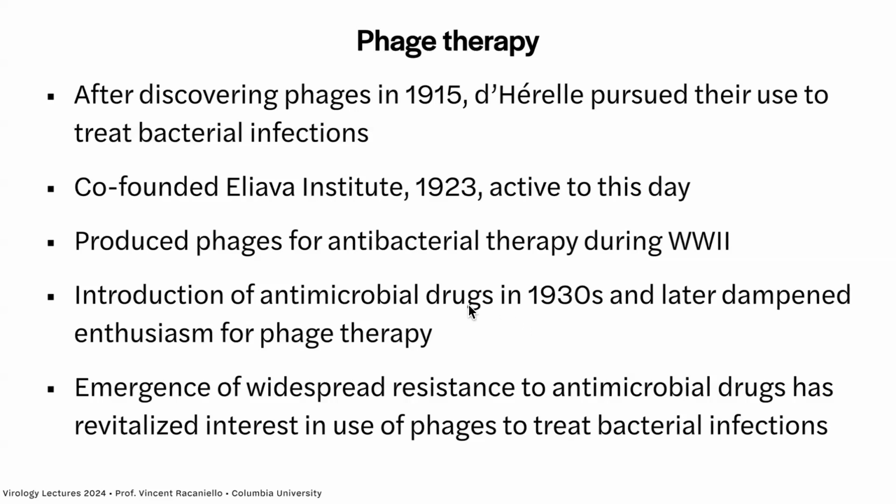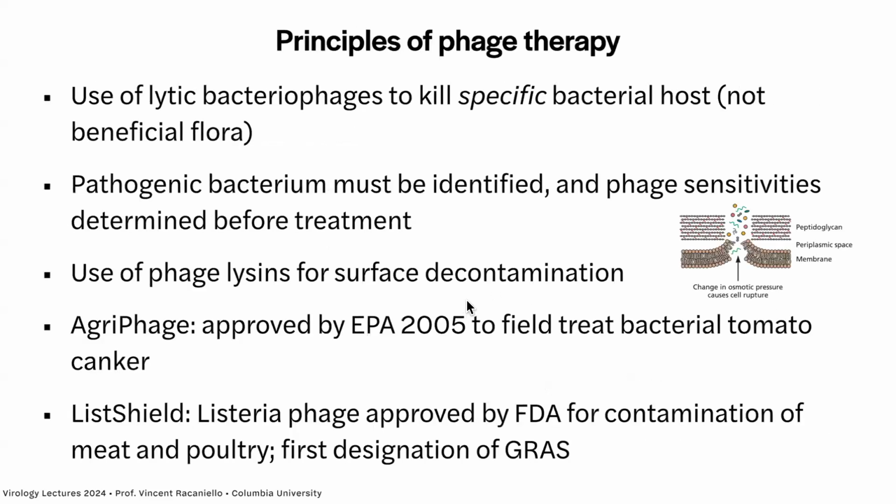The principles of phage therapy is that you use the phage to kill specific bacteria that are, say, causing your disease. You don't want to destroy our normal flora. Fortunately, phages can be very specific to the bacterium, and that's not a problem.